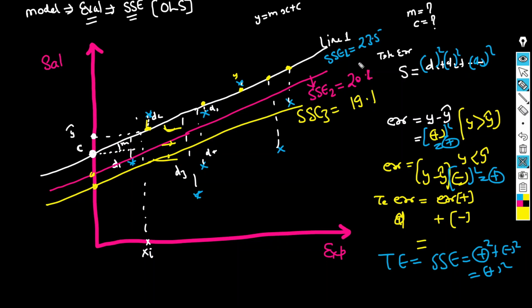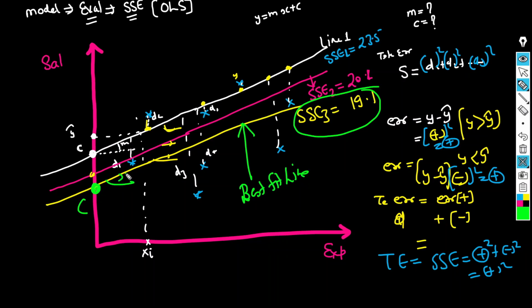So which one is the least squared error? So this is the least squared error. So we will use this particular line as the best fit line, and whatever the values corresponding to it, the M and C, C3 and M3, these values we will use to perform the prediction.